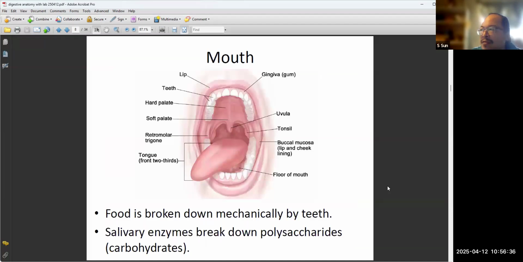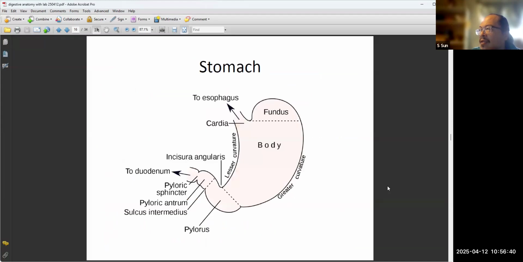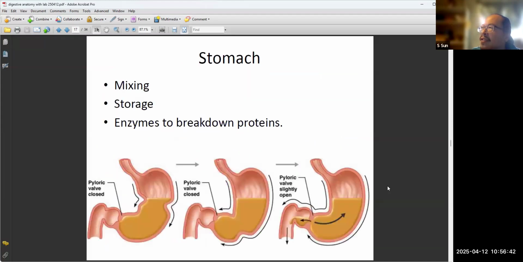So we will go back to the next table, but I want to give you a clear understanding of the stomach before we go back. The stomach is mixing the food, and then the pyloric valve or pyloric sphincter can open, slowly releasing that mushy stuff into the small intestine.